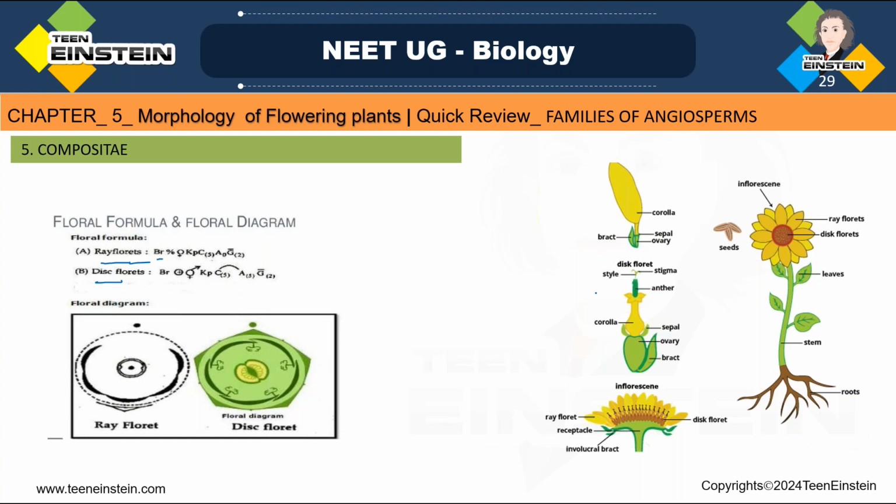See here bracteate we have given, the bract is there in ray floret, and in that only the female part will be there. In the same way you have to write the disc floret also. That is bisexual, and the floral formula you have to write separately. Disc floret and ray floret, the floral formula will be separate.